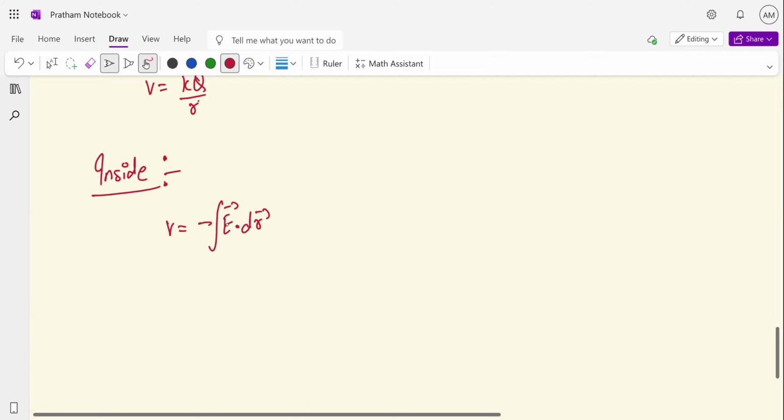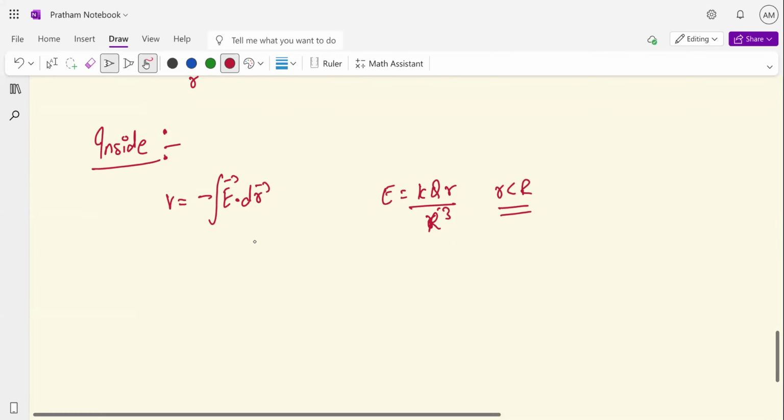Yes, E equals kqr divided by capital R cube, for r less than R. I can put this value here, so V equals minus integral of kqr divided by R cube dr. Now I have to integrate.